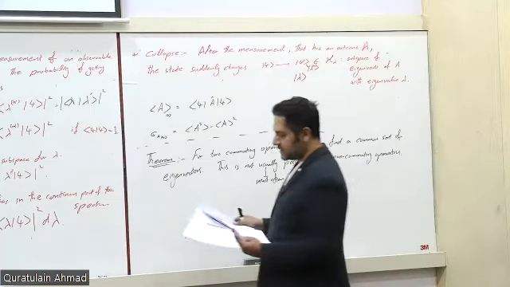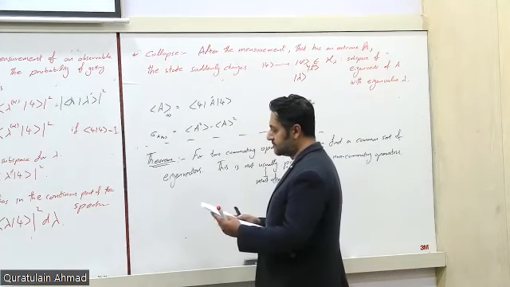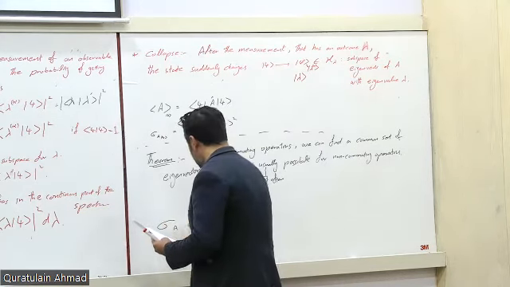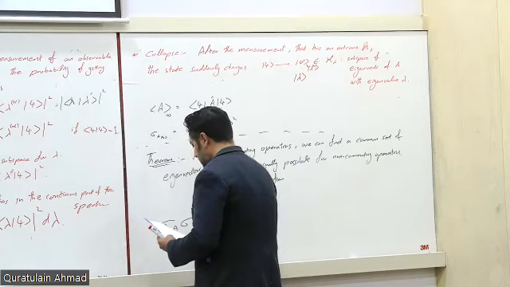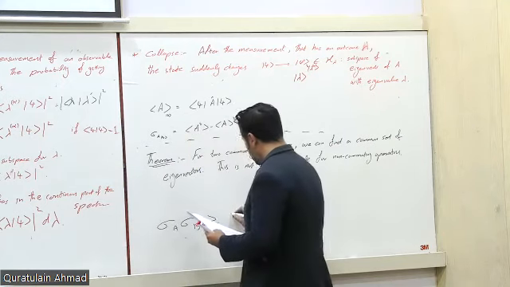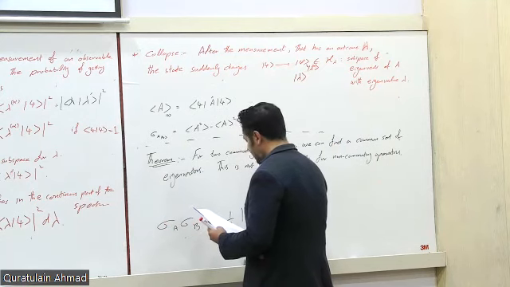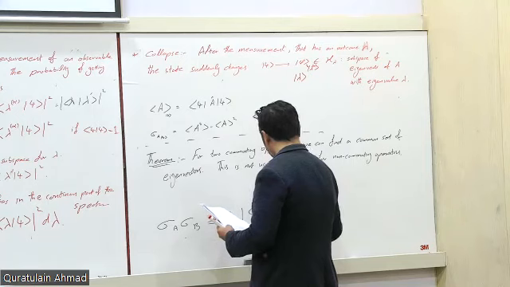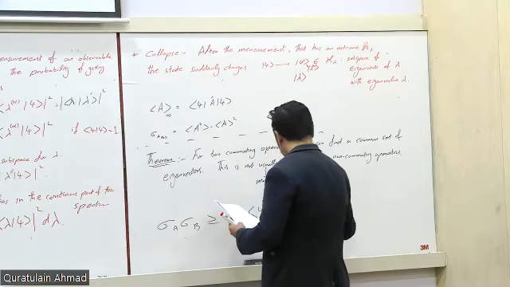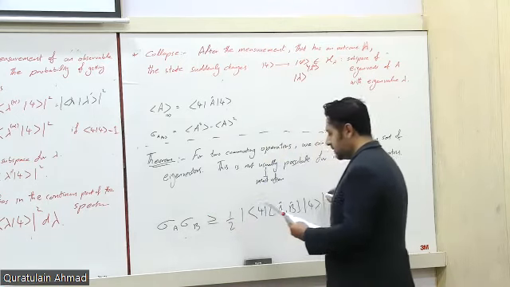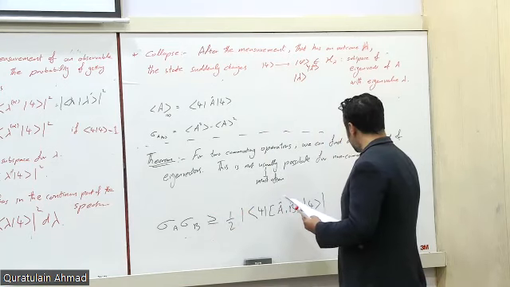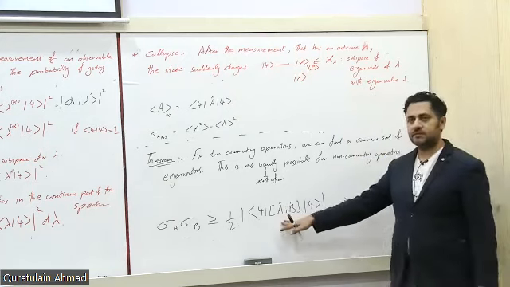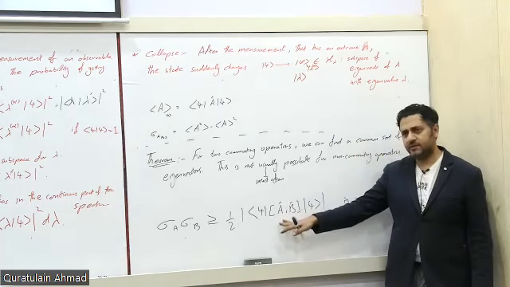Actually, you can quantify this by computing the variance, and there's an inequality which you can derive. It's the commutator which captures the non-commutativity. You can take the commutator.